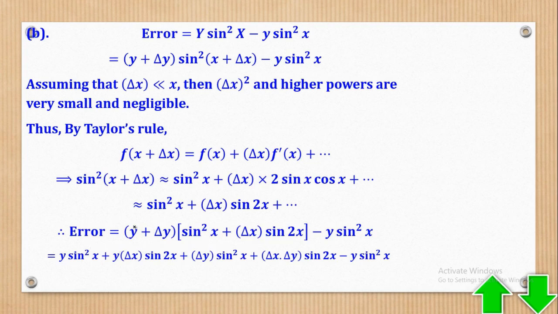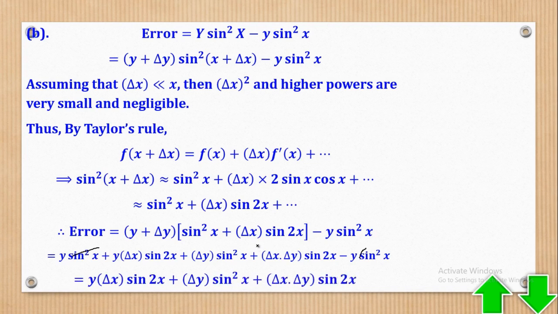Then I multiply delta y throughout, so delta y by this will give me delta y sine squared x, and delta y by this will give me delta x delta y sine 2x. Then there's this minus y sine squared x which is there. After that we simplify, and realize that this and this can cancel. Therefore you are going to remain with those three terms.